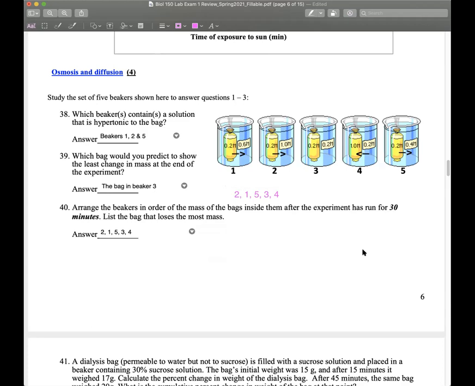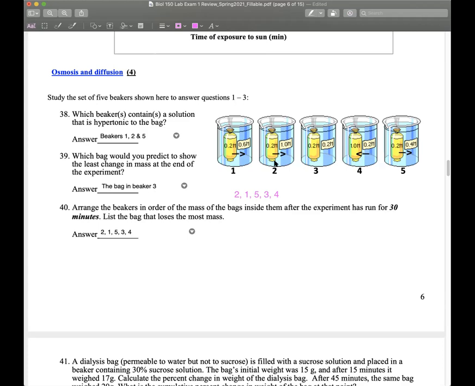So, Professor, why did you list 4 there? Because the question is asking us to list the bag that loses the most mass, right? Right. So who is going to weigh the least? Oh, okay. I see.